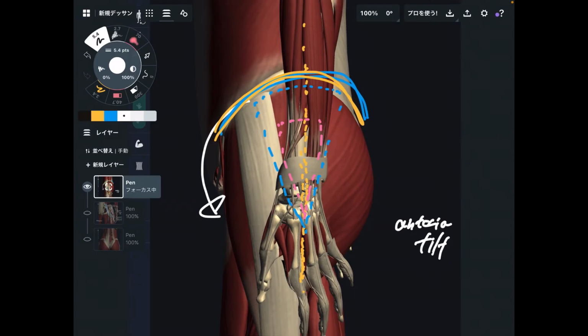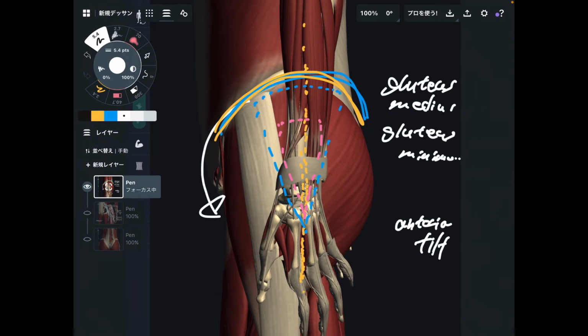These blue dots indicate gluteus medius. And pink dots indicate gluteus minimus. These two muscles are kind of wide muscles. You can divide gluteus medius and minimus into two parts, anterior part and posterior part.